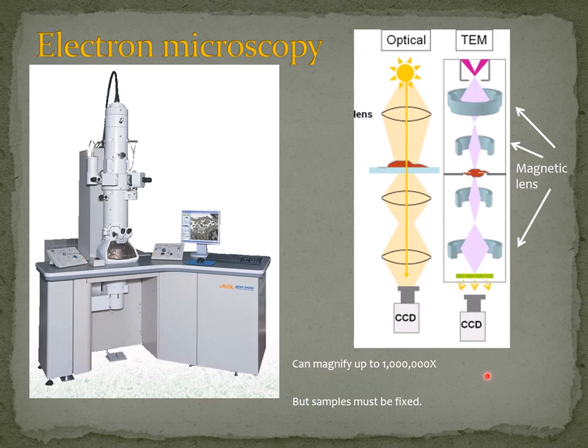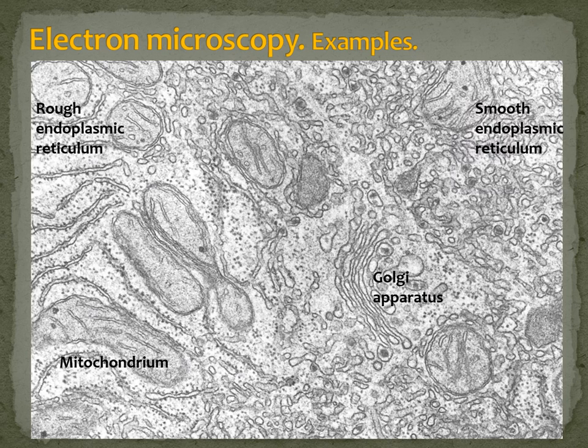So in order to have a high resolution image like the one we see in here, a photo taken with an electron microscope, to have such a high degree of detail, we have to sacrifice something, and that something usually is that we never observe live samples.